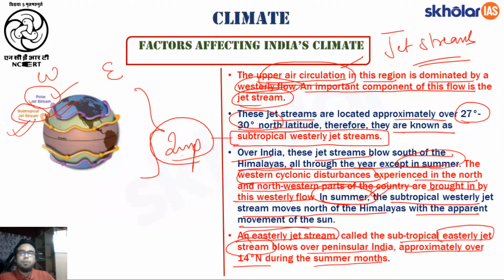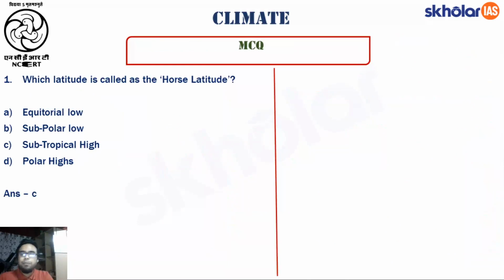So as the subtropical westerly jet stream moves away from India, another jet stream develops, which we call the easterly jet stream, right?